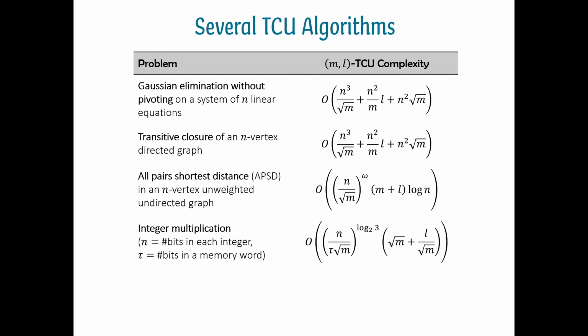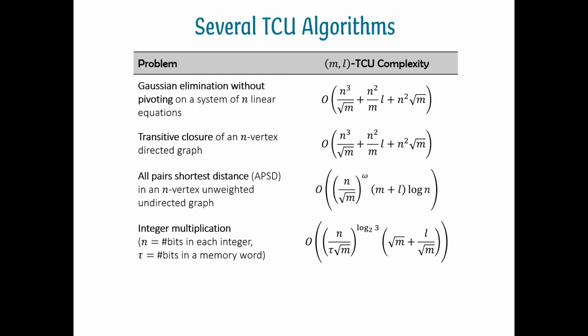Then integer multiplication as well. For integer multiplication, you really reduce it to something like polynomial evaluation. You write the product of integers as a product of polynomials, and then you want to do batch polynomial evaluation using matrix multiplication. That's where you can use matrix multiplication.